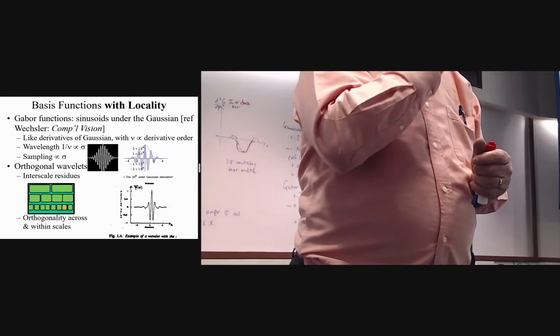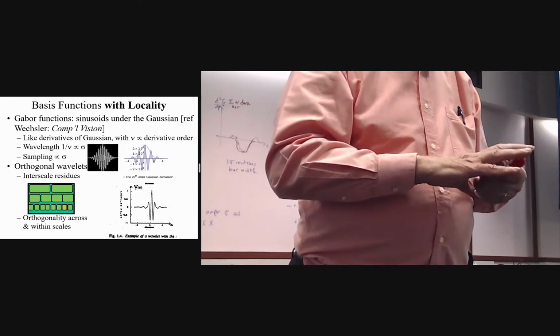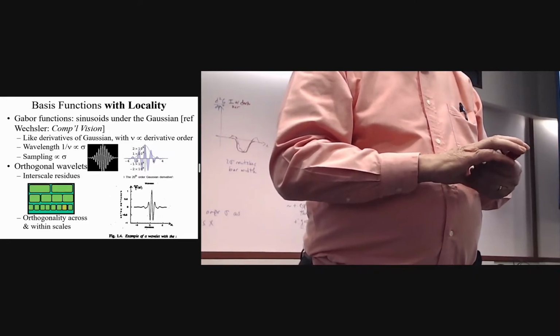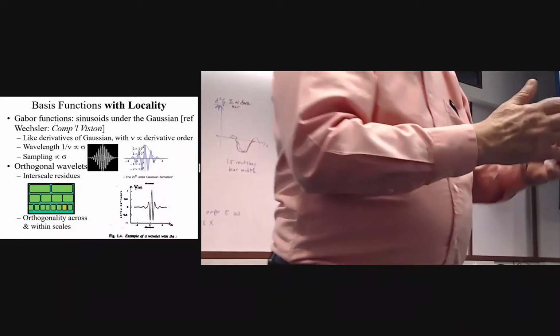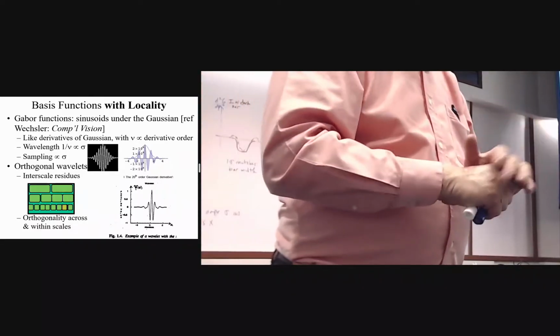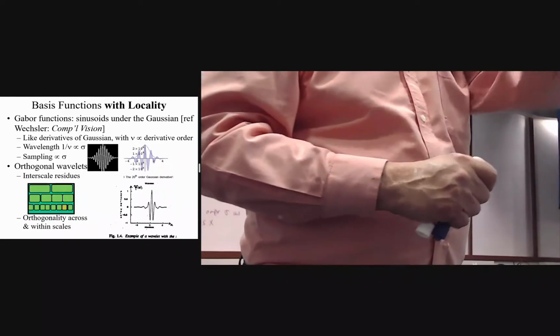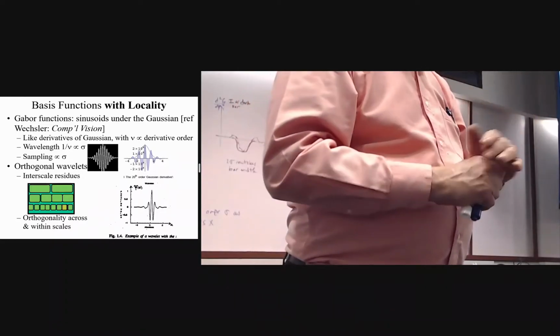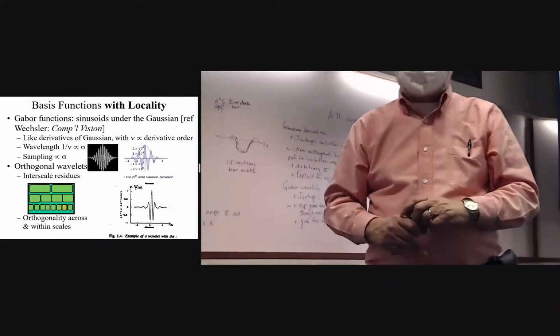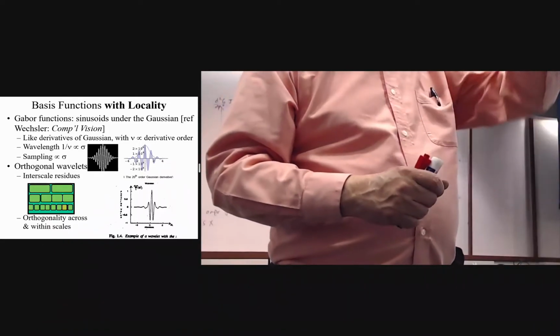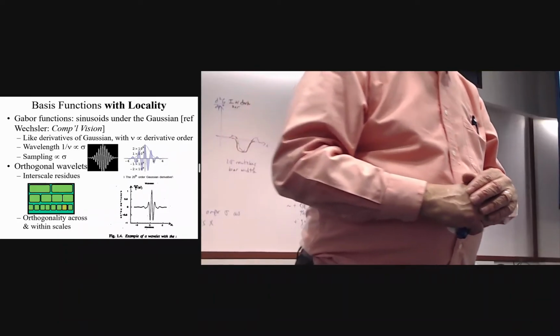Edgeness is going to be via first derivatives and barness via second derivatives at optimal orientations, if you will, where you try to optimize over not just scale and position, but also over orientation.